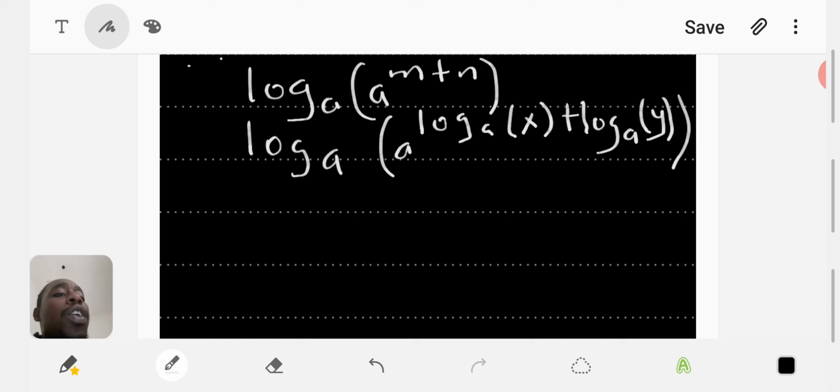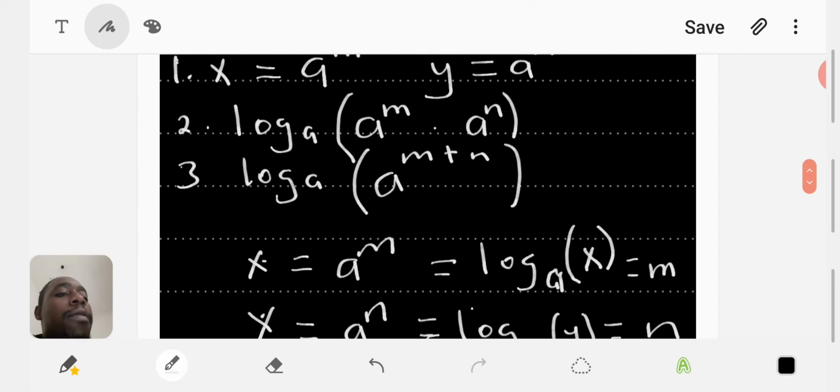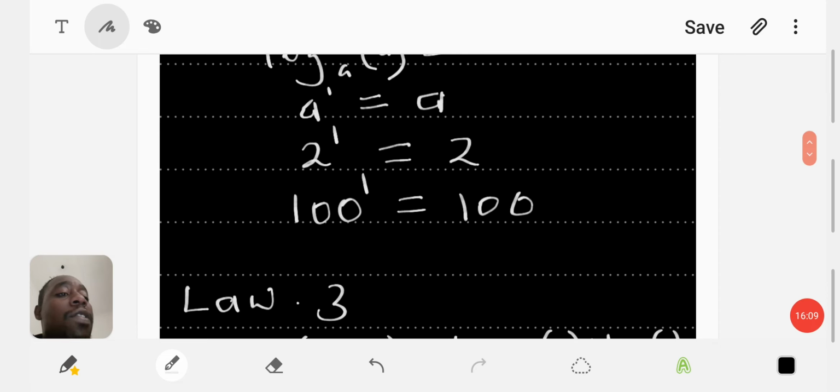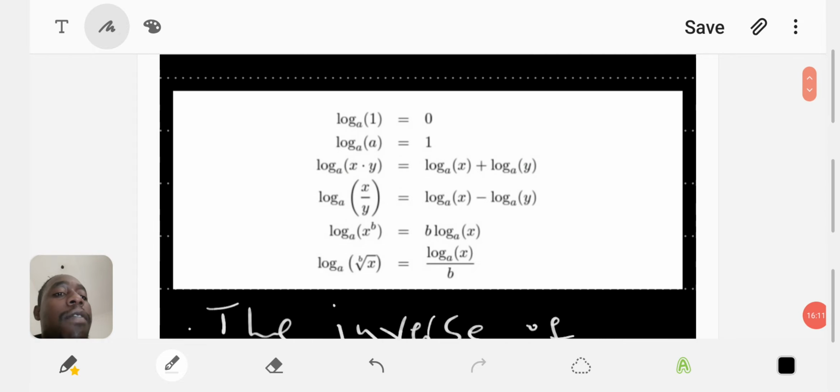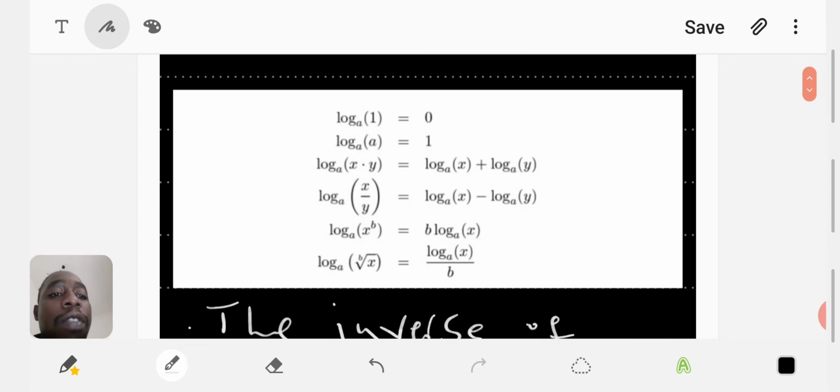So now, using law number 5, I know we haven't done that as yet, so let's just have a look. Law number 5, as you can see there, says that log to the base of a of x to the power of b: our power becomes the coefficient of the log, and then the rest of the expression remains the same.